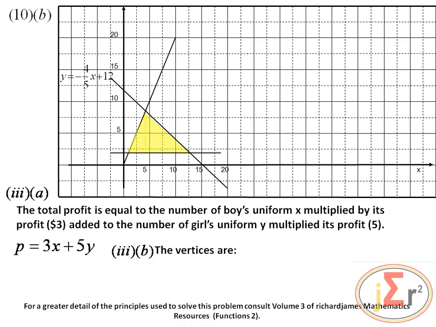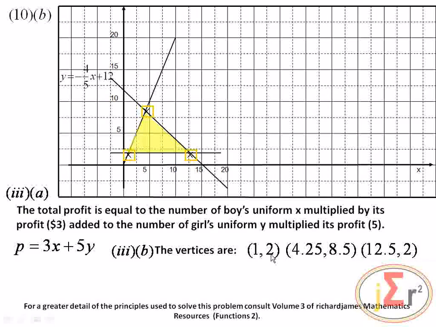The vertices are 1, 2; 4.25, 8.5; and 12.5, 2. Now, if we check them numerically, we are looking at the minimum profit. So, if we look at these numbers, in 1, 2, 1 is less than 4.25 and 2 is less than 8.5.